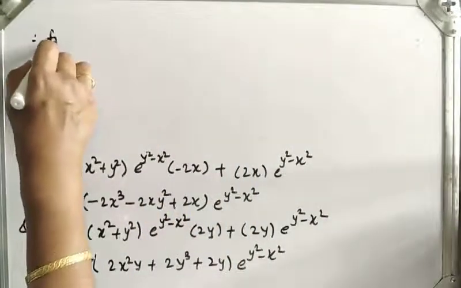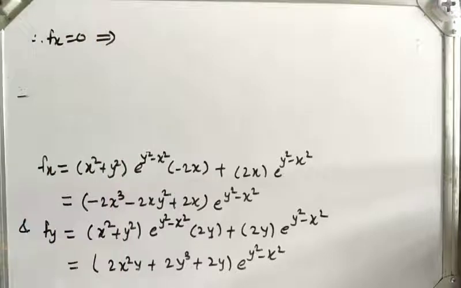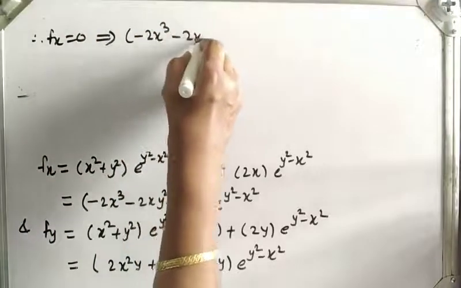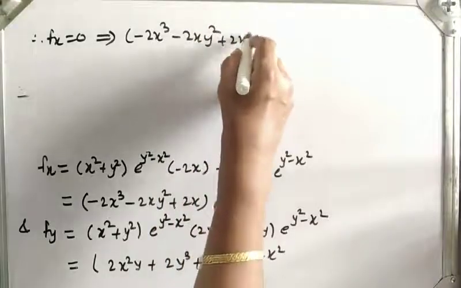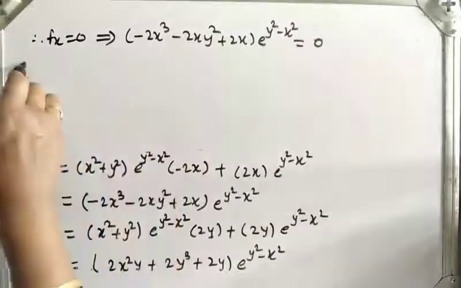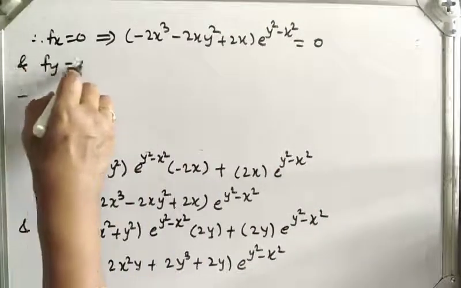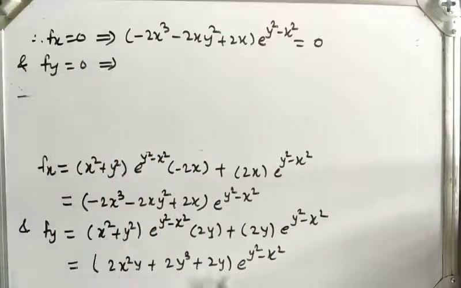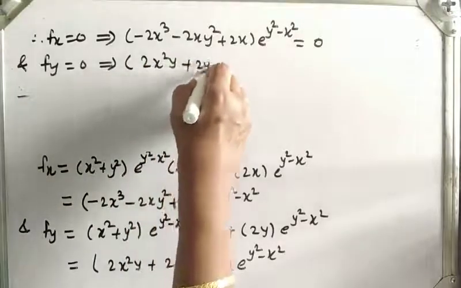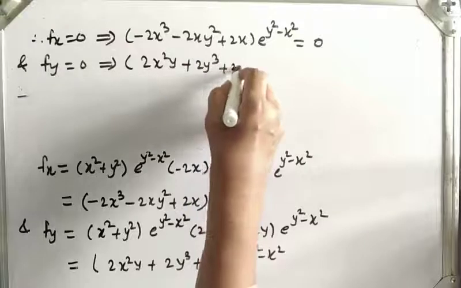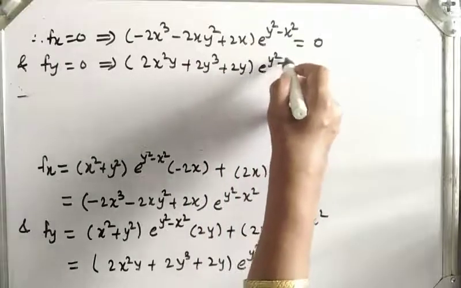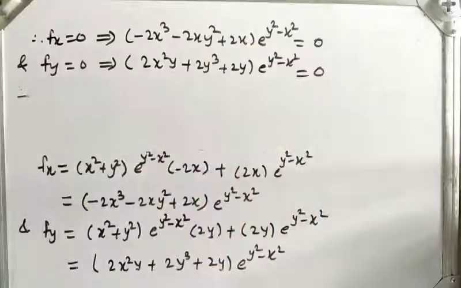Therefore fx = 0 implies (−2x³ − 2xy² + 2x) e^(y² − x²) = 0, and fy = 0 implies (2x²y + 2y³ + 2y) e^(y² − x²) = 0.